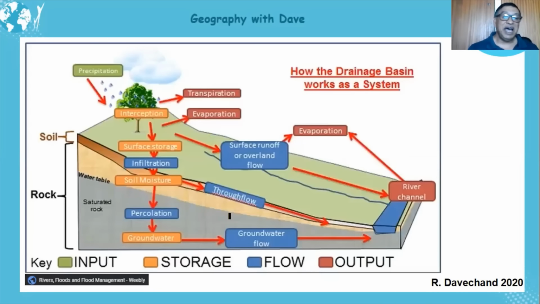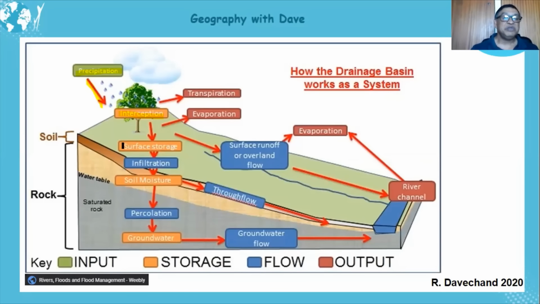All right. We look here also. It shows you a little diagram of how the drainage basin works. Okay. You get precipitation occurring, and some comes down here, and some gets intercepted by the trees.